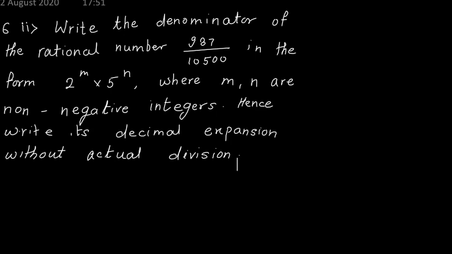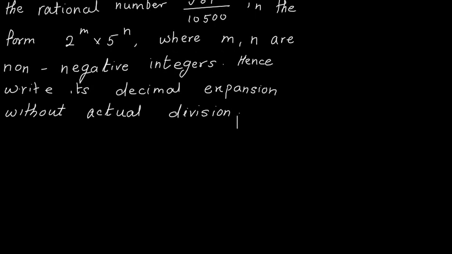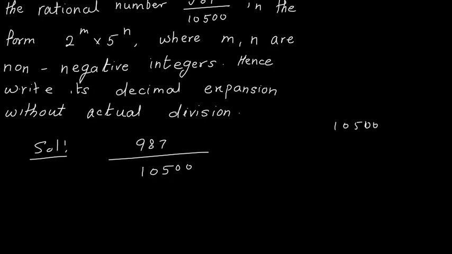Write the denominator of this rational number in terms of 2 power m into 5 power n. Okay, so let us see the solution. We have 987 divided by 10500. We have to write the denominator in the form of 2 power m 5 power n. So better, this 10500 we will factorize. Now this is 105 into 100.